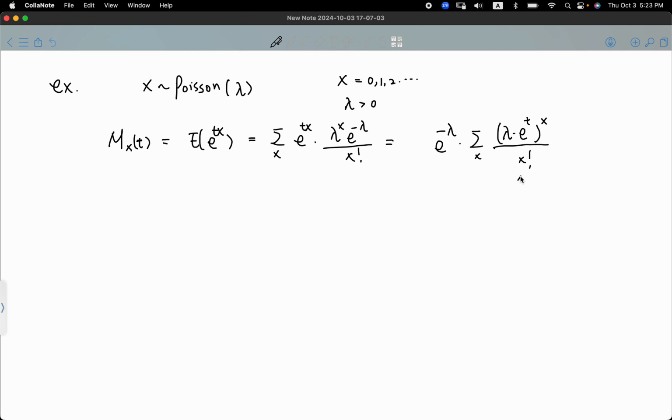Now, by looking at this summation, does that remind you of anything that we can use to simplify it? Also from the first lecture.